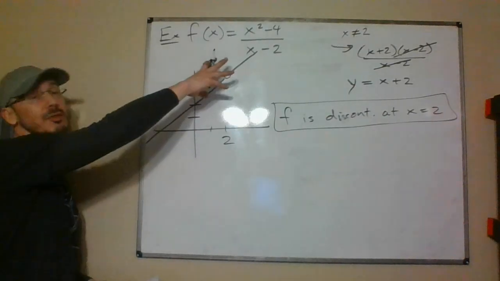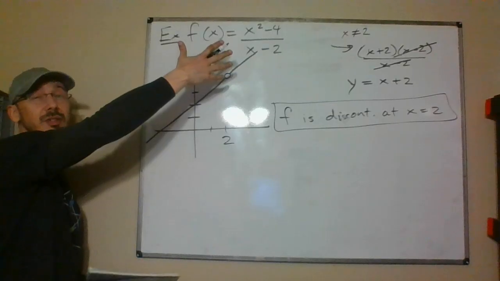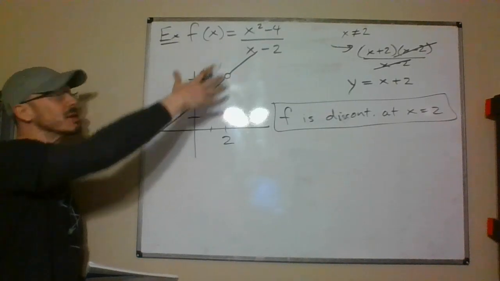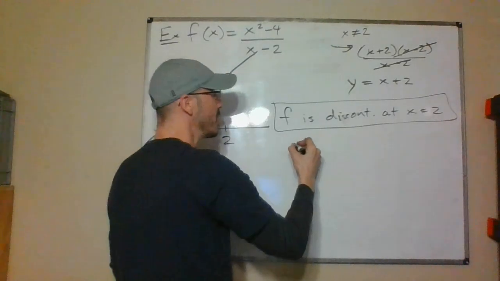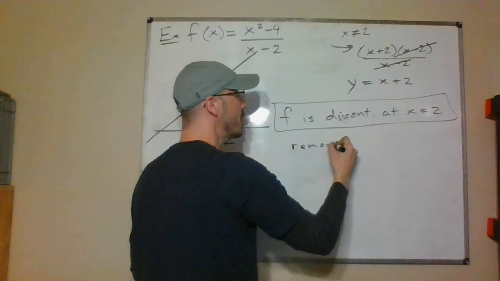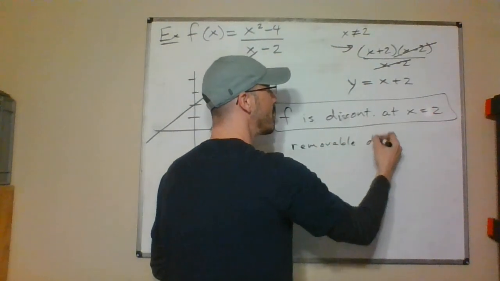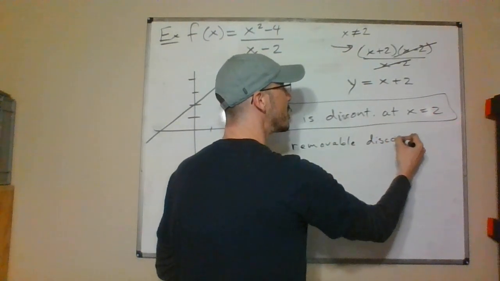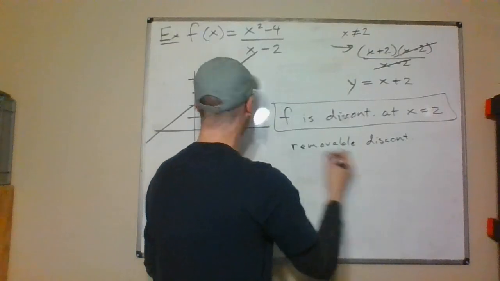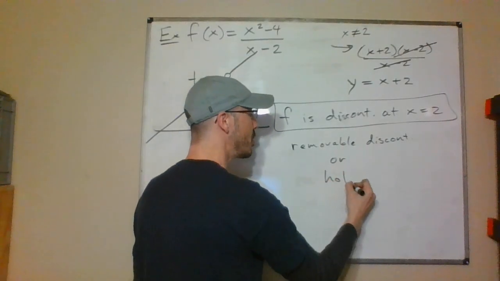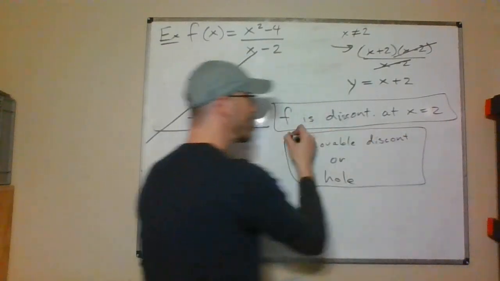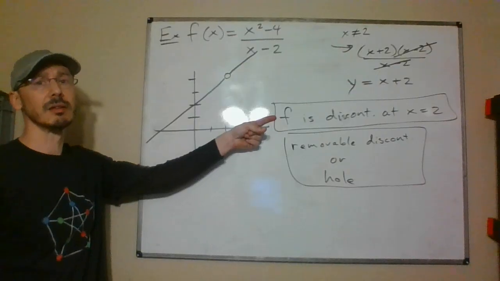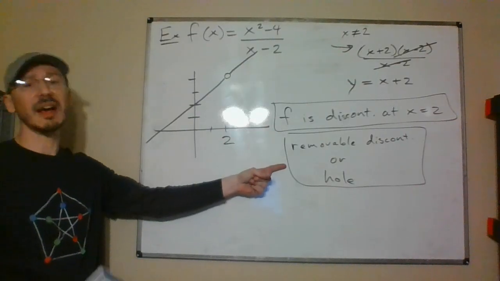So it's a rational function. If I just looked at that, I might think there's an asymptote. There isn't an asymptote. It's just a removable discontinuity. Or you can just call that a hole. So this is locating it at x equals 2, and this is classifying it.